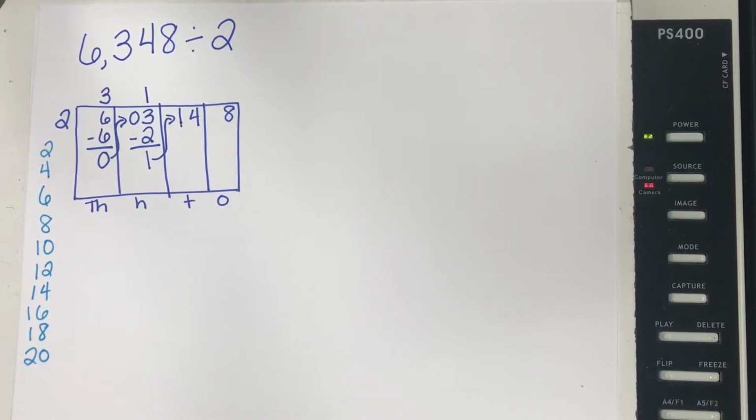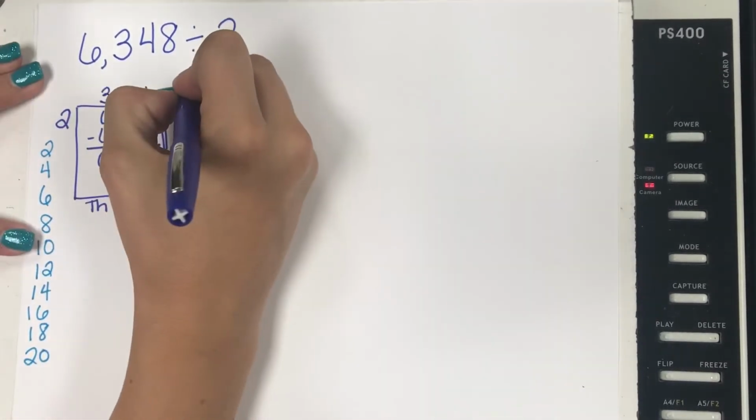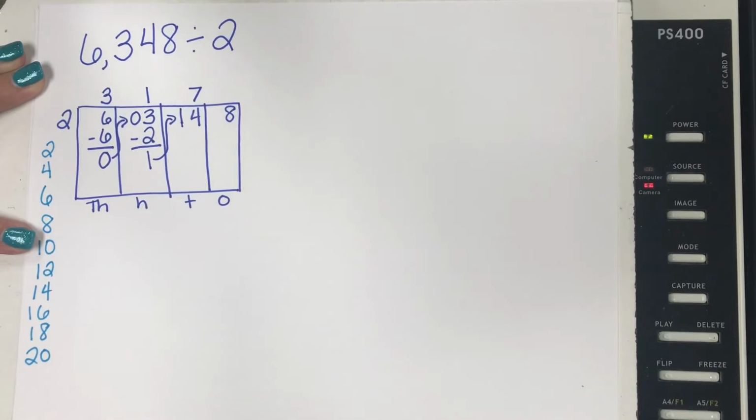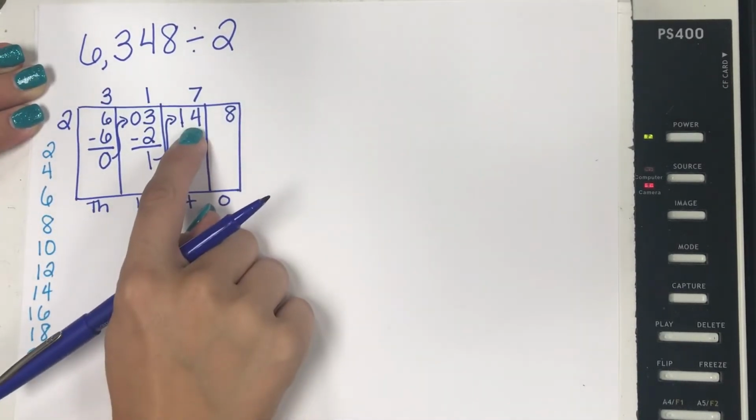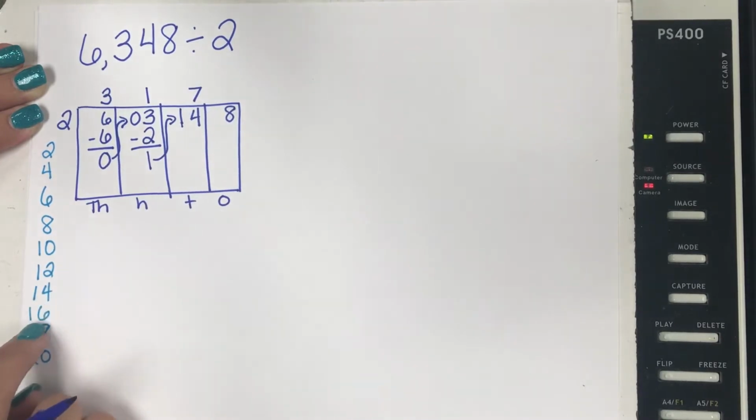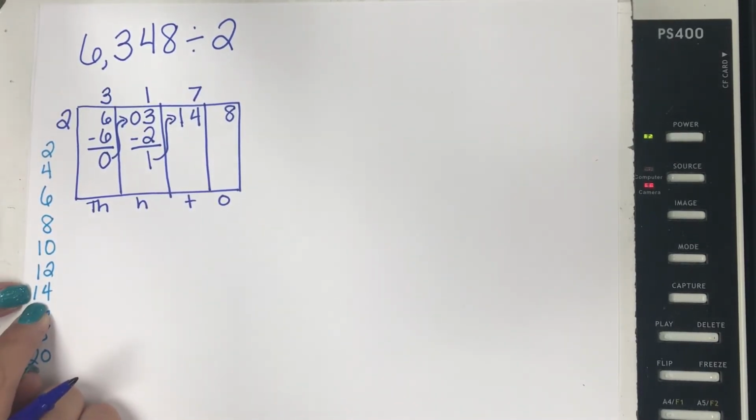So if I have 14 divided into 2 groups, how many does each group get? 7. And again, if I'm not sure, my first number that's bigger than 14 is 16. How many numbers are above it? 1, 2, 3, 4, 5, 6, 7.